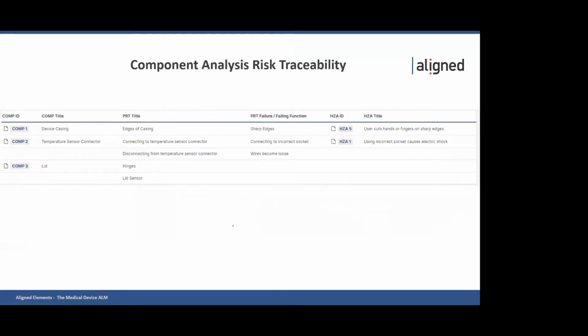And I will then end up with a new kind of traceability where I break down a component into parts, then look at the failures, and then look at the hazardous situations. And the astute listener would now identify that, hey, did we have this hazard in a previous example?